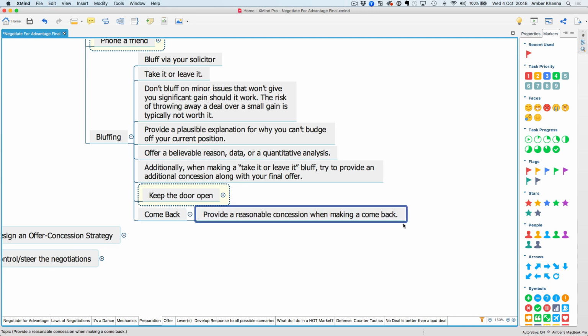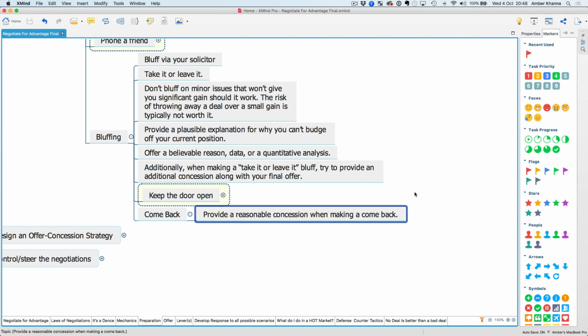So provide a plausible explanation for why you can't budge off your current position. That's what I try and do all the time, where facts, figures, numbers, the project doesn't work, and that's hence the reason I can't move. Every time you say something, follow it with words like, my offer to you would be, let's say XYZ, here's why.